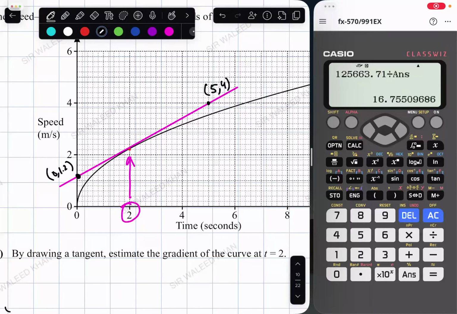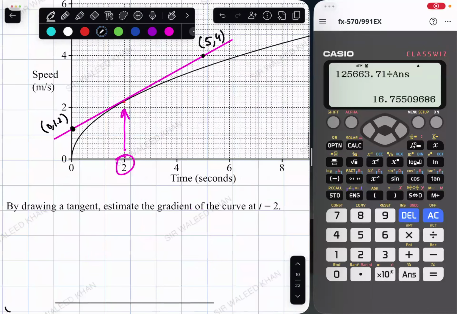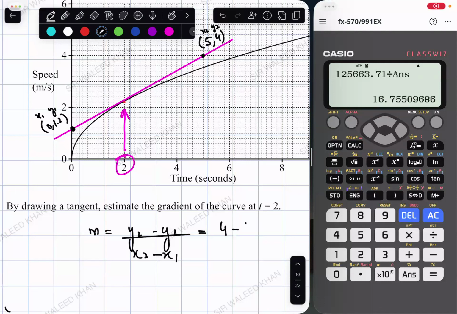Okay. Now, gradient will be y2 minus y1 over x2 minus x1. x1, y1, x2, y2. So y2 over here is 4 minus 1.2 divided by 5 minus 0.